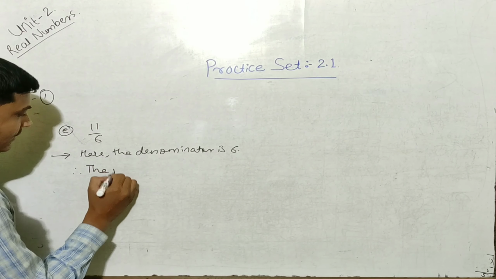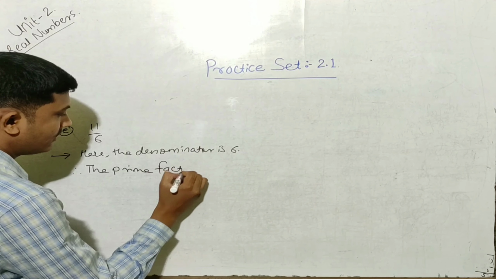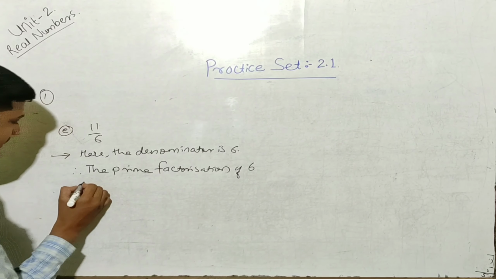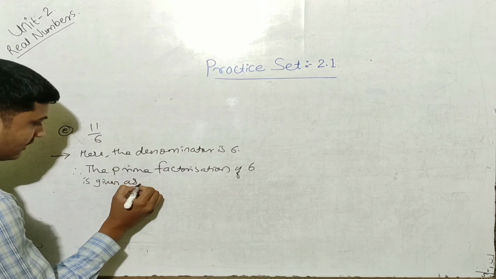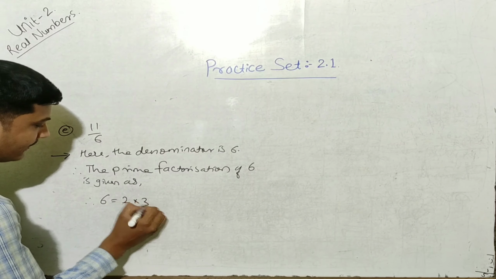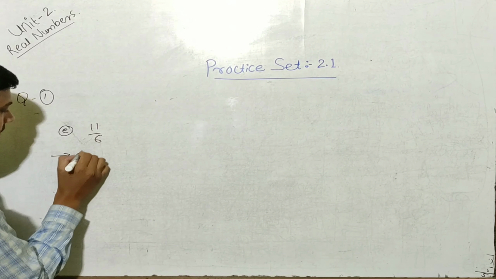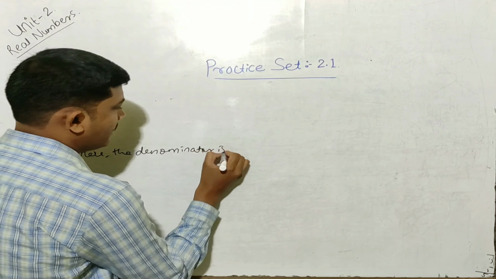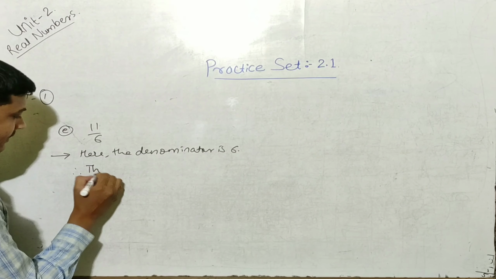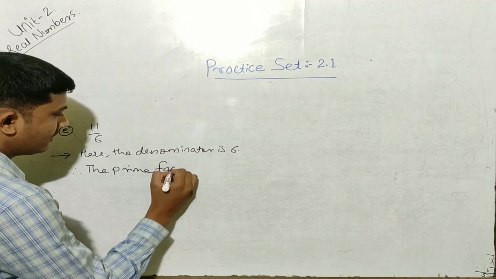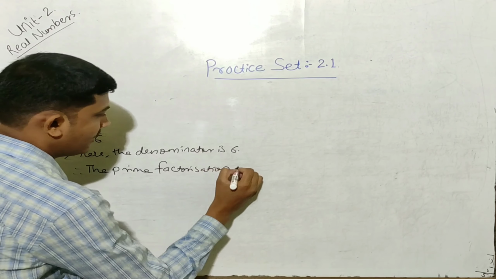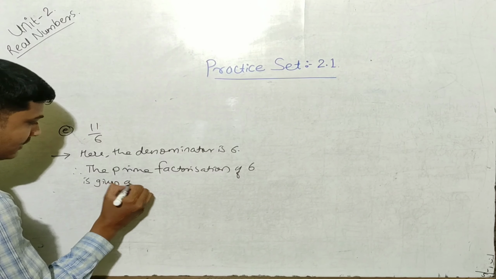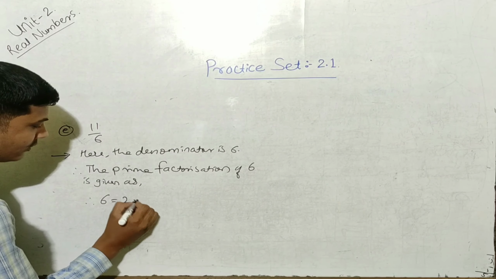Therefore the prime factorization of 6 is given as 2 into 3.